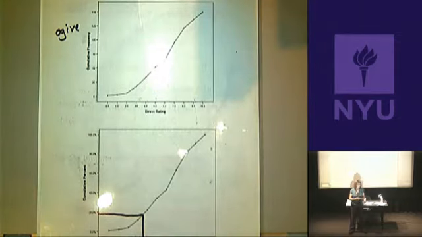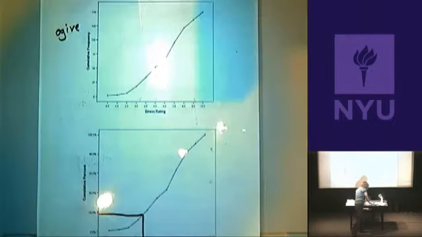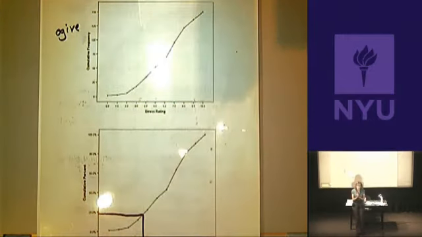Now, I want to make a distinction here between what we call percentiles and percentile ranks. Percentiles and percentile ranks. A percentile rank is the percentage of scores that falls at or below a particular value.